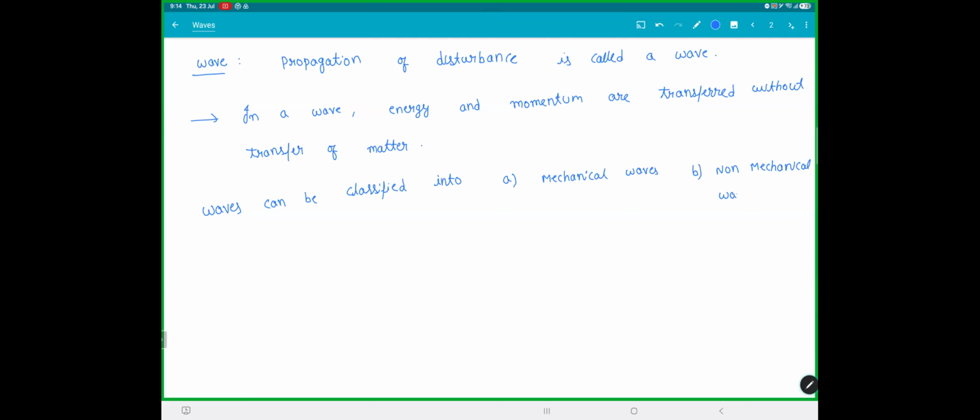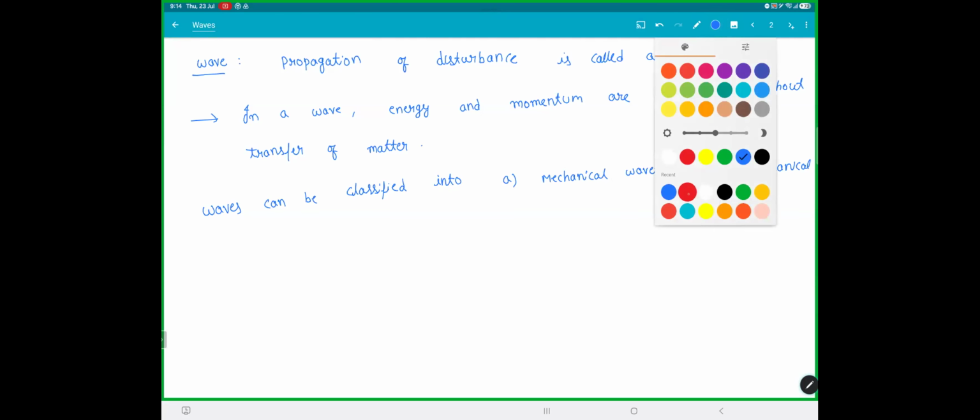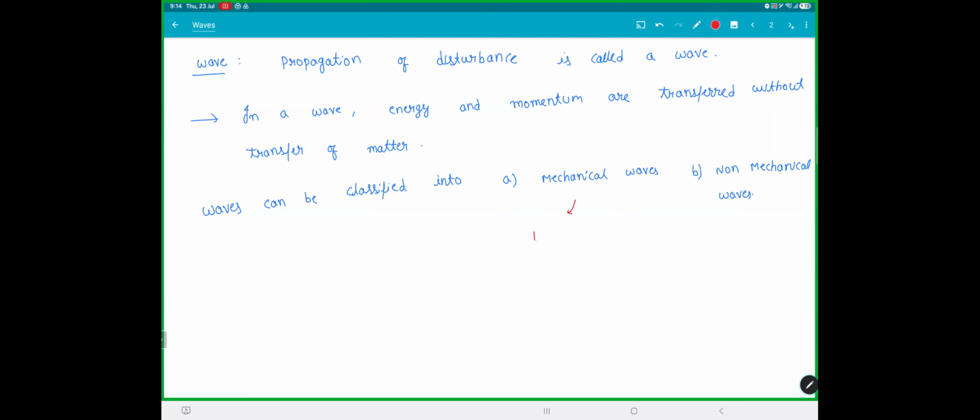Mechanical waves require a medium to propagate, like sound, or waves on a string. They require a medium. Without a medium, they won't travel. Sound cannot travel in vacuum.